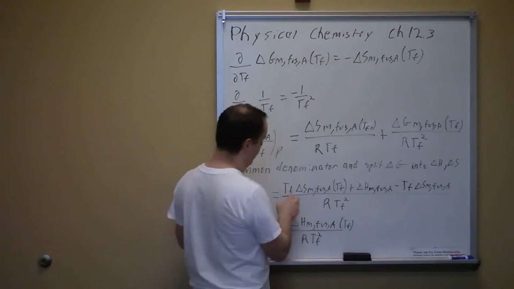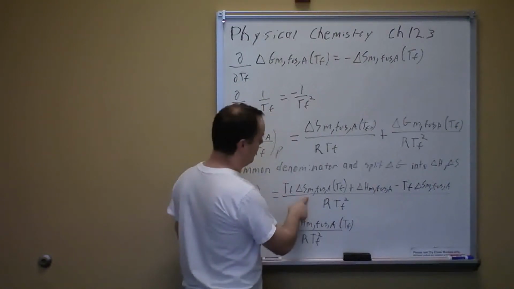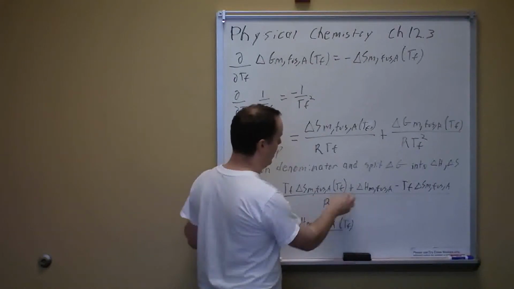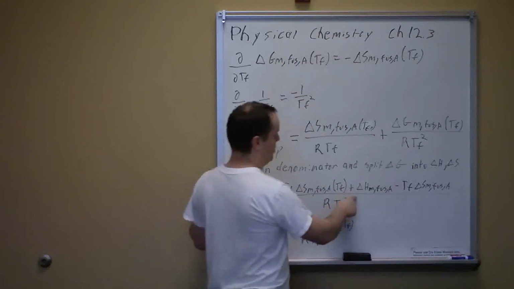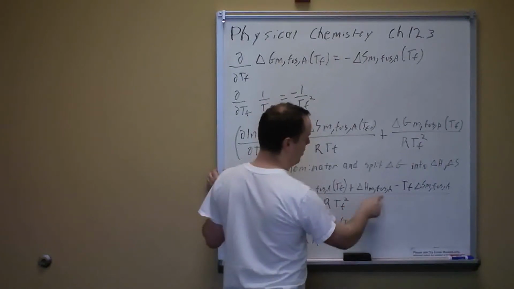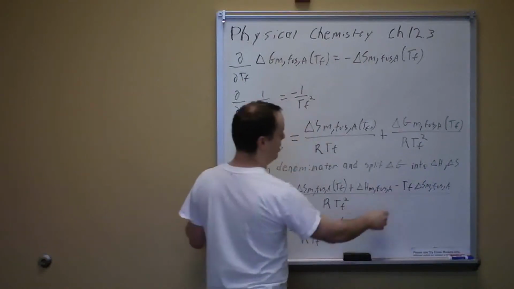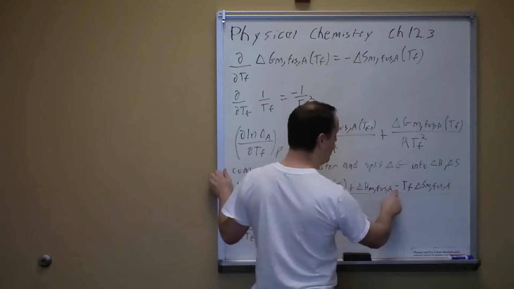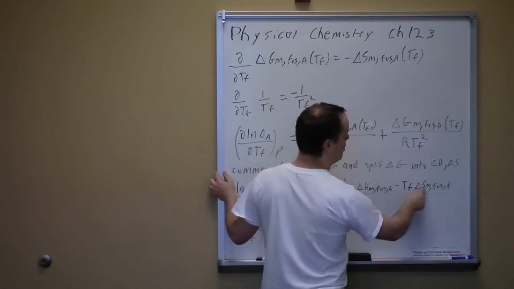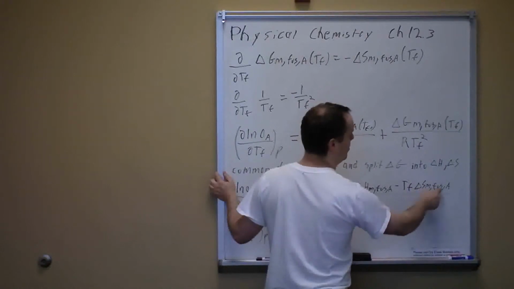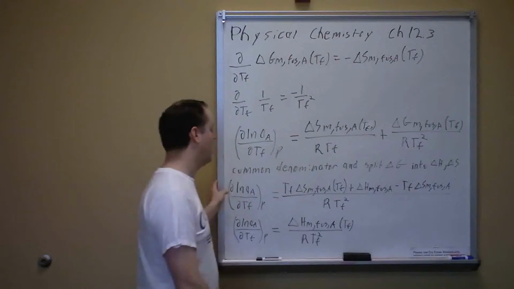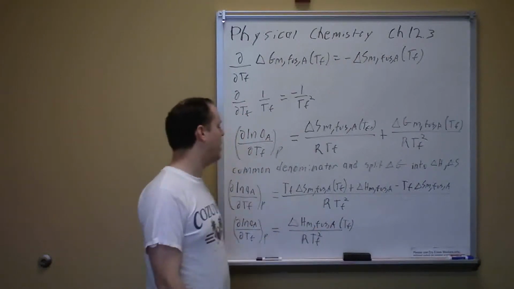That's going to be equal to the freezing point temperature times the change in the molar entropy of fusion for substance A, that's temperature dependent, plus the change in the molar enthalpy of fusion of substance A, that's also temperature dependent, minus the temperature of freezing times the change in the molar entropy of fusion of A. And that too is temperature dependent. All that divided by RT_F squared.